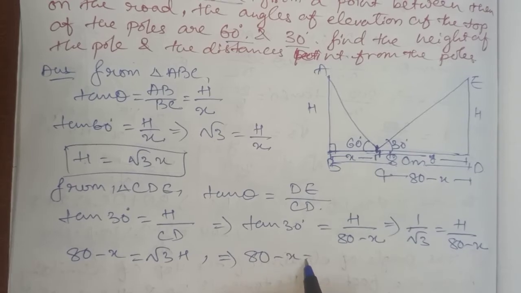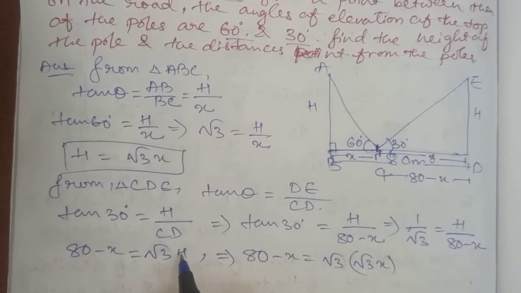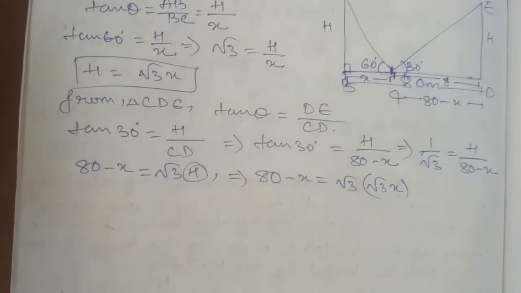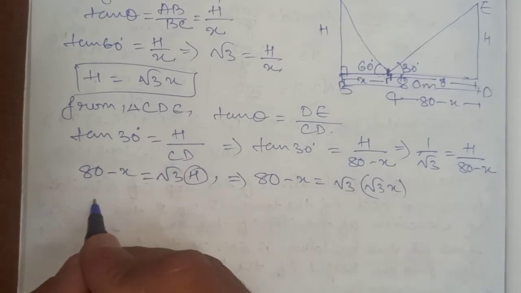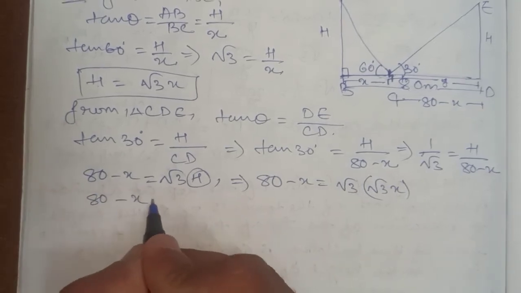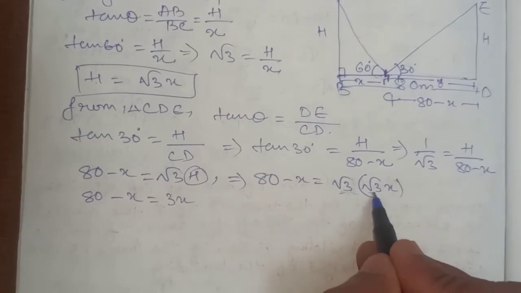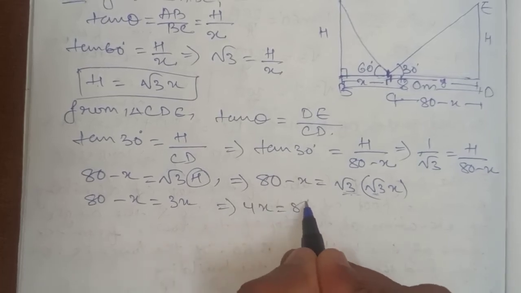So 80 minus x equals root 3 into root 3 x. Now multiply, we will get 3x. So 80 minus x equals 3x. Add x here, you will get 4x equals 80.